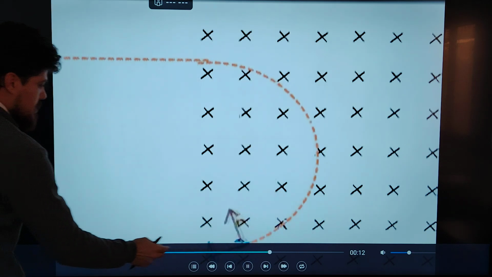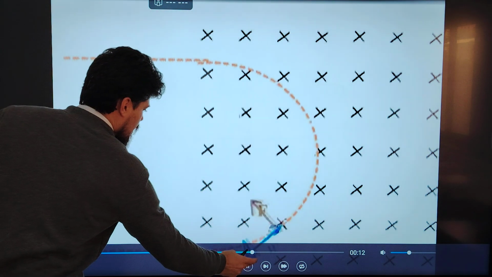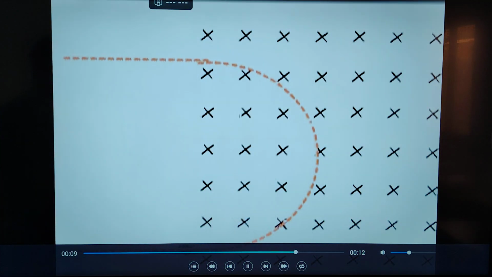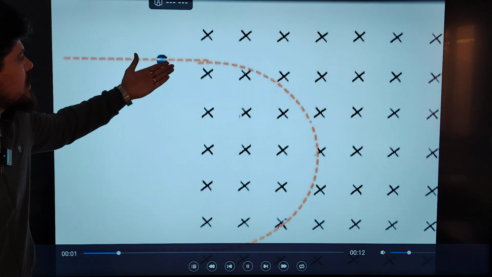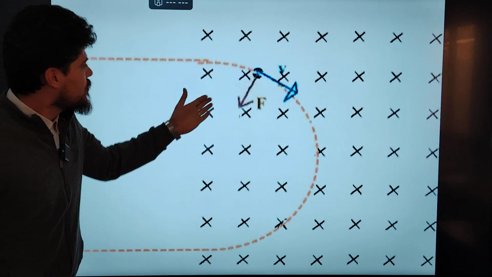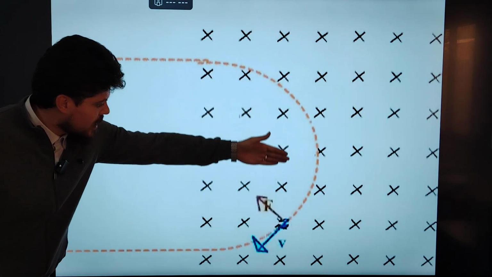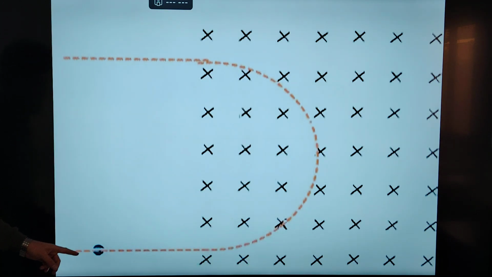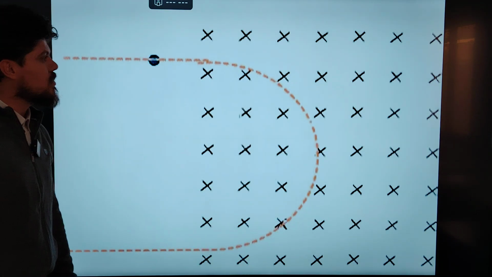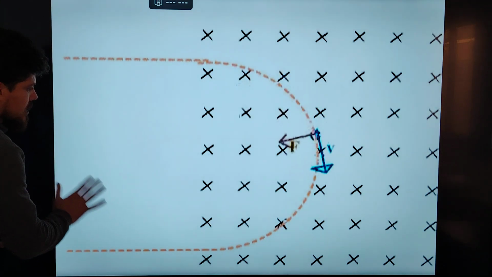The charged particle is moving horizontally and enters a uniform perpendicular field into the page. The charge experiences a magnetic force. It moves in a circle, but this circle is finished here. The particle does not move in one complete circle. Why? Because there is no field here.